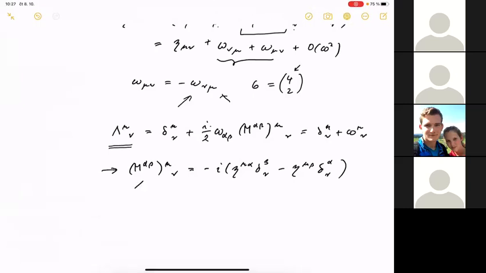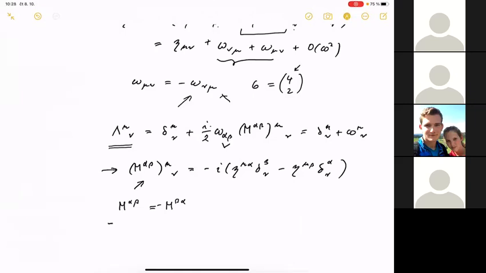Because we know the explicit form of these matrices, we can calculate some properties of them. Of course, as a function of the indices alpha beta, these matrices should be antisymmetric, since, as we know, these parameters omega alpha beta are antisymmetric.